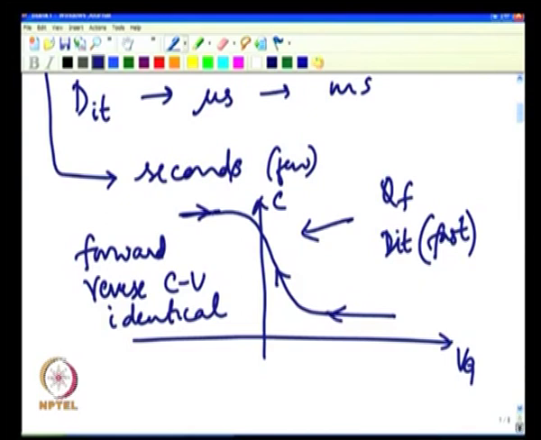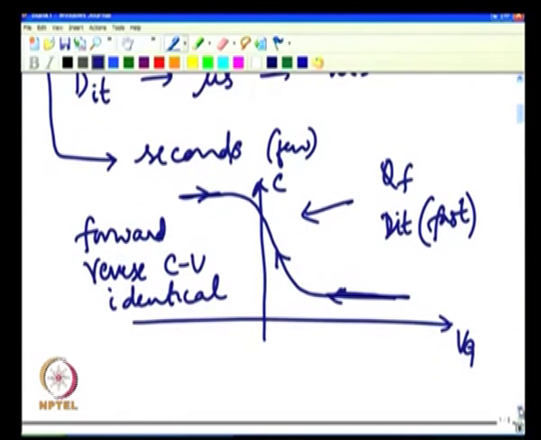Going up and coming back like this will be a matter of a few seconds. During this time they would respond only at this extreme and at this extreme, because they are relatively slow, they do not respond during the CV sweep.